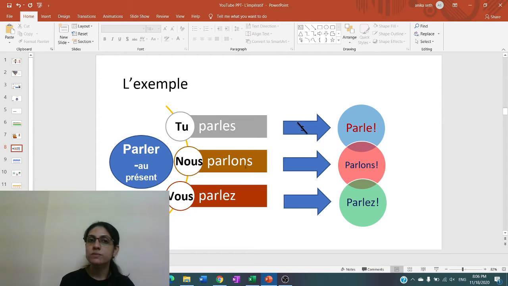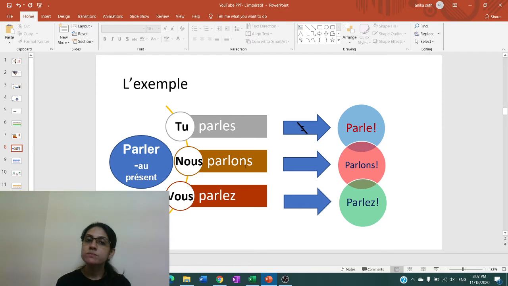Remove the subject pronoun tu, remove the s in the case of er verbs from the conjugation, add an exclamation mark. So, tu parles becomes simply parle, without tu, without s, but with an exclamation mark. Then, nous parlons is the present tense conjugation.